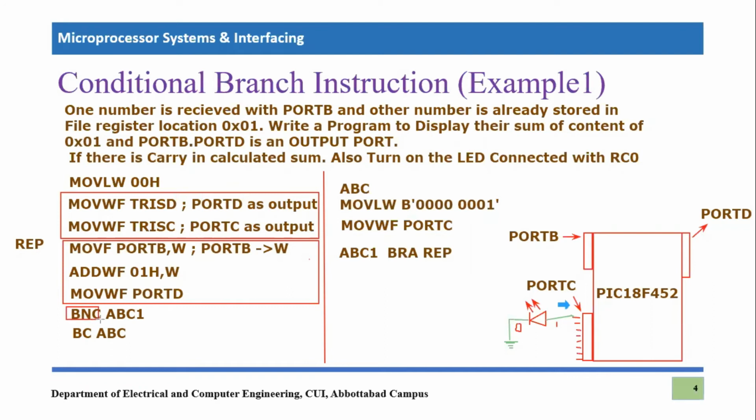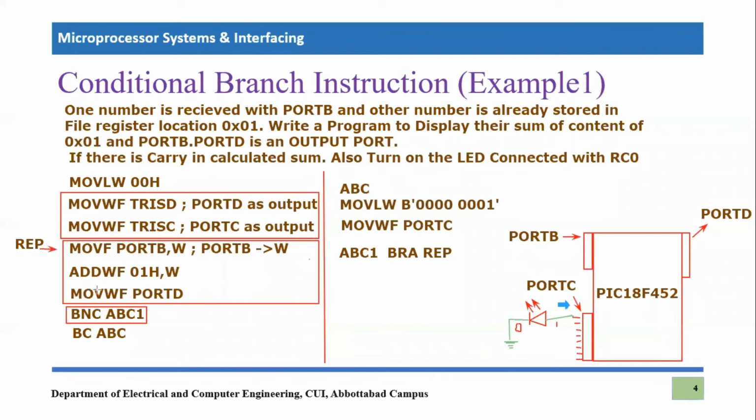First, if there is no carry, it will jump to ABC1, and from ABC1 you go to repeat, and you will start again from this point. This is the point from which you repeat your code.